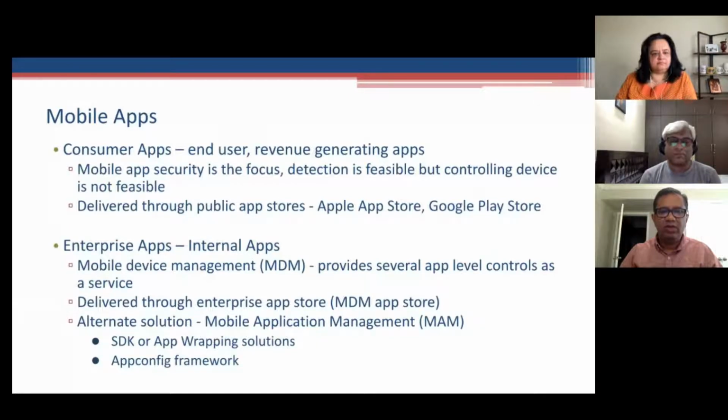The key point there is that mobile app security is still the focus, but you will not be able to control the device because you don't know who is downloading that. You don't own the device, so you cannot install an MDM on it or expect MDM type control on those devices.